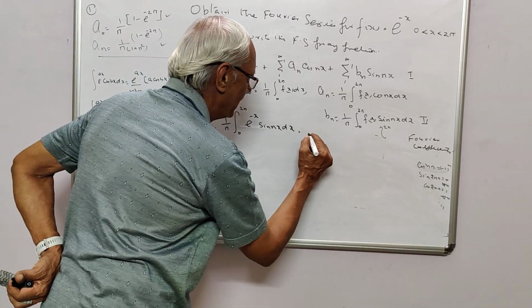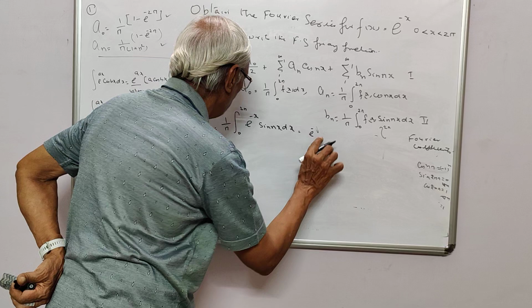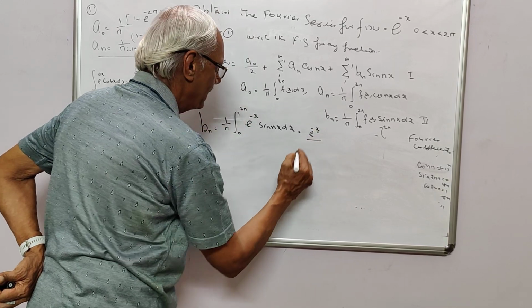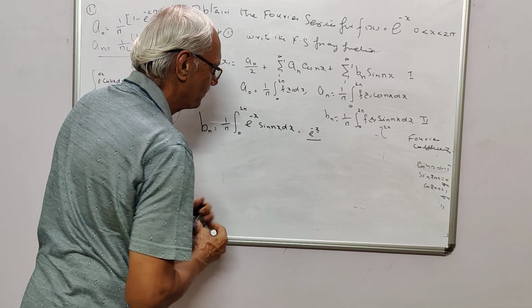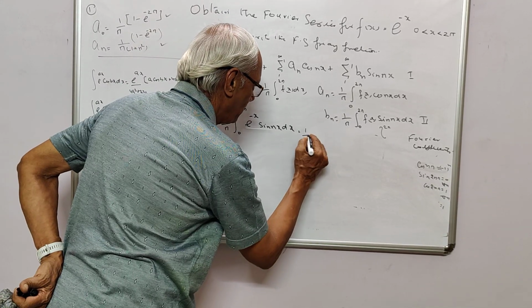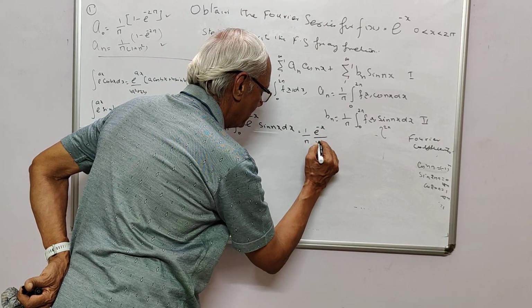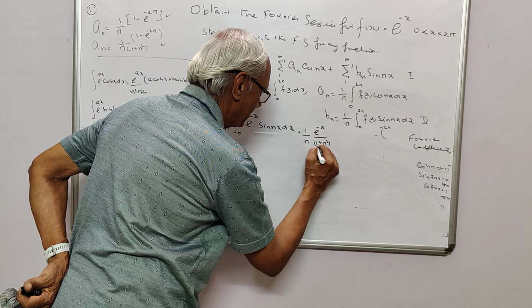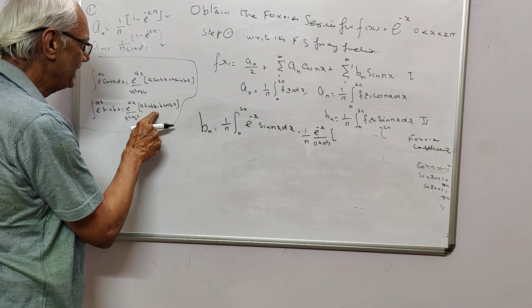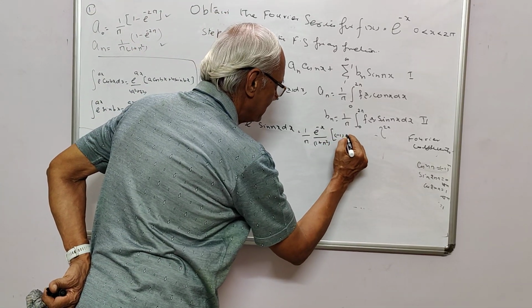So e to the power of ax means e to the power of minus x, divided by, the 1 by pi is already there. So it is 1 by pi, e to the power of minus x divided by 1 plus n square. Then a sin bx, what is your a? Minus 1.